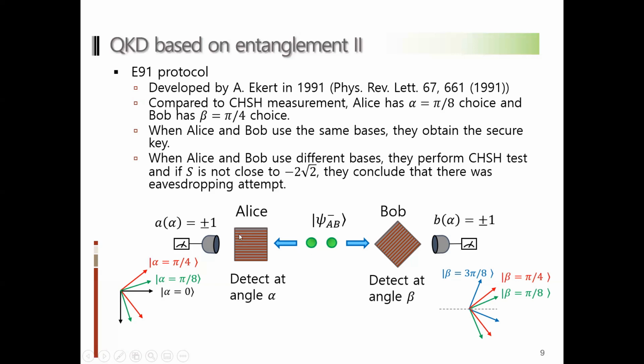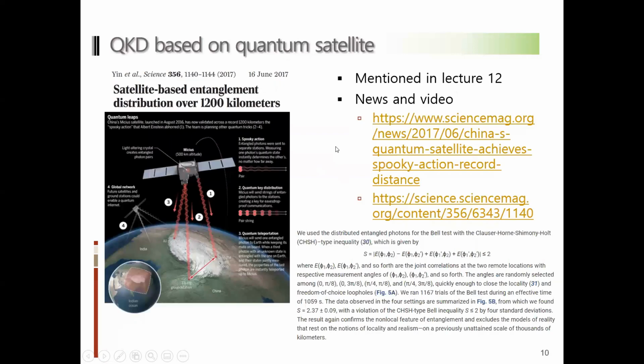In that case, Alice and Bob can safely confirm that the entangled state is pure, or not compromised by some eavesdropper, and they can still generate new keys whenever these two bases match each other. So that was the introduction for the E91 protocol.